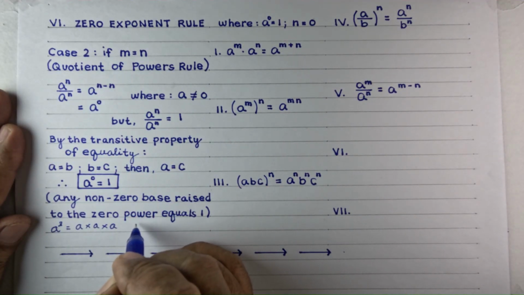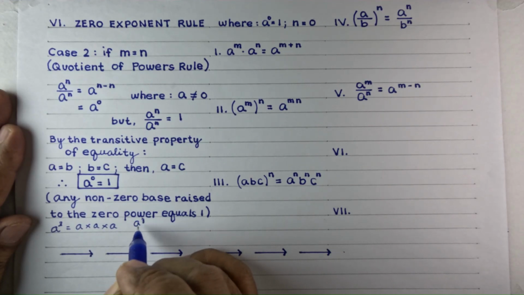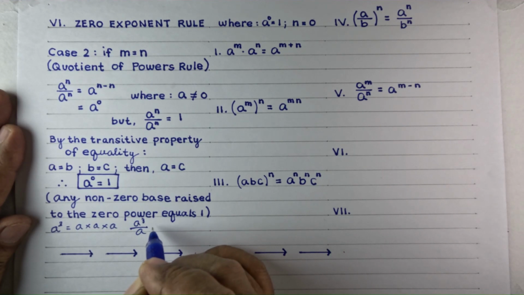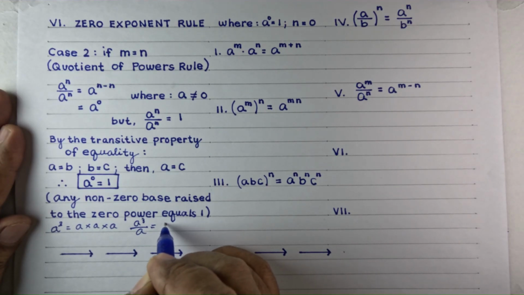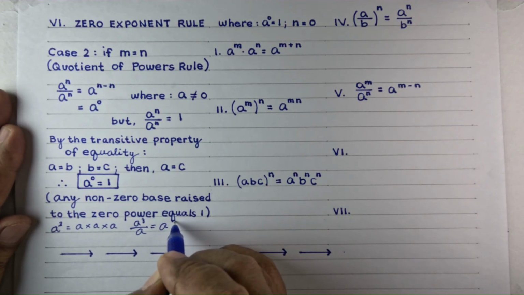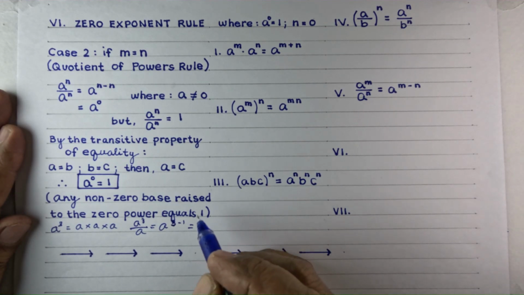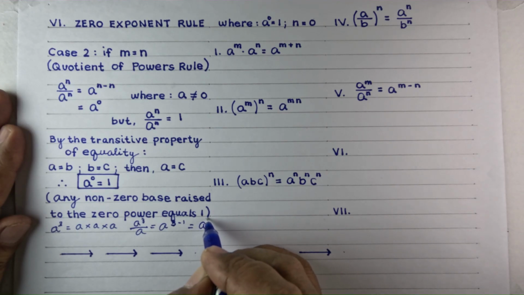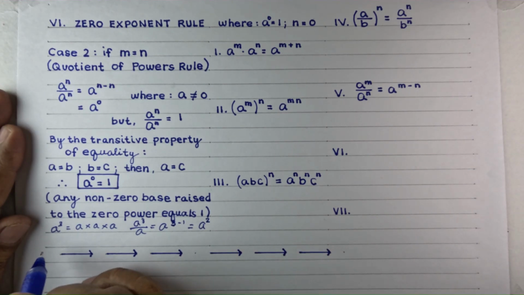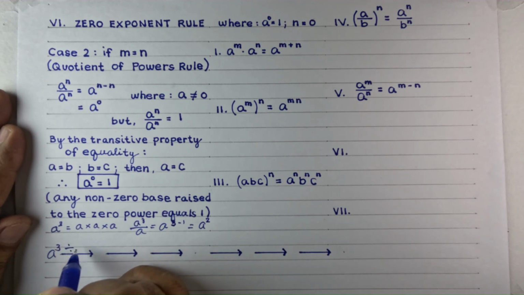So that's a cubed over a equals a to the power 3 minus 1. And that's equal to a squared. So dividing a cubed by its base a results in a squared.